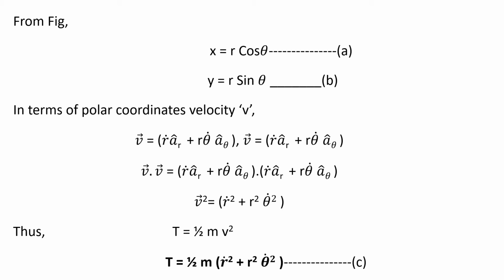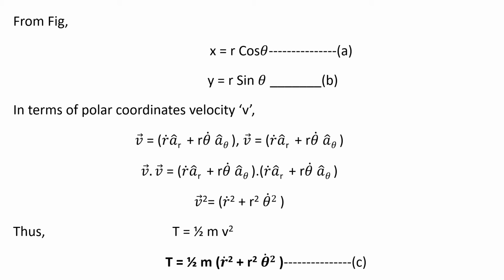In terms of polar coordinates, velocity v is equal to r dot a r unit vector plus r theta dot a theta cap, and taking a dot product between v and v, we have v dot v, so r dot a r unit vector plus r theta dot a theta cap dot r dot a r unit vector plus r theta dot a theta cap.